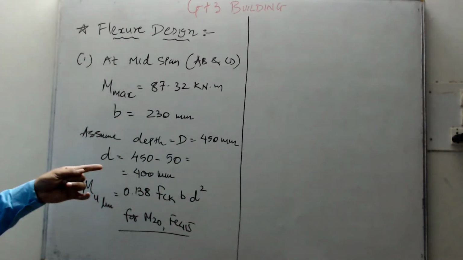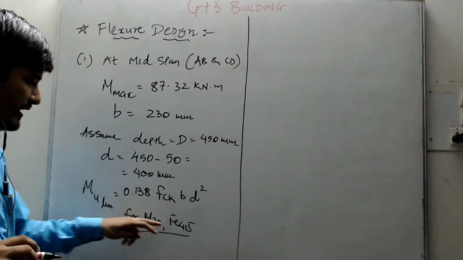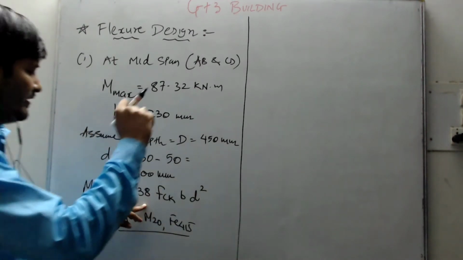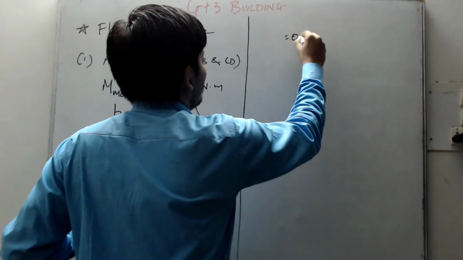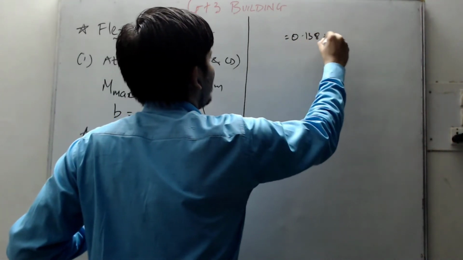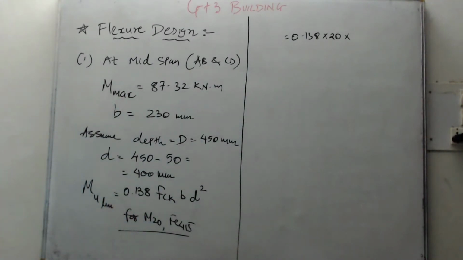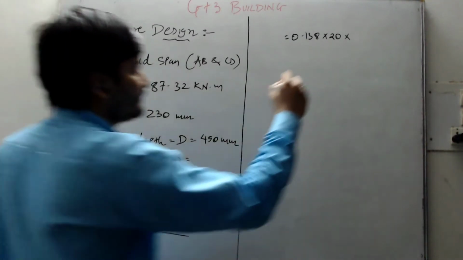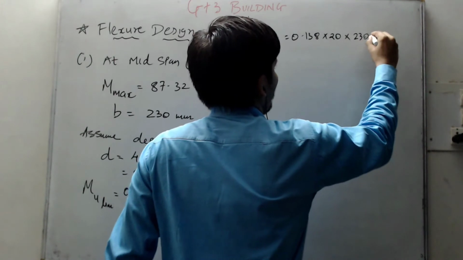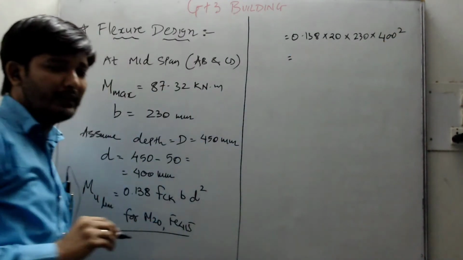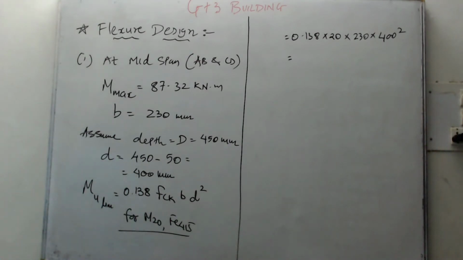So Mu limiting will be 0.138 fck b d square. Let us put the values in this: 0.138, fck is 20, width of beam is 230, into 400 square. So quickly calculate this value. This will give you your limiting bending moment.